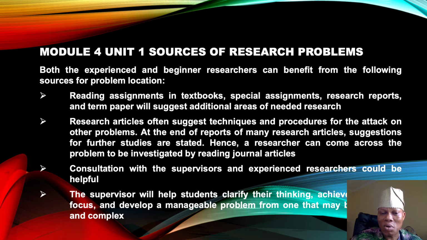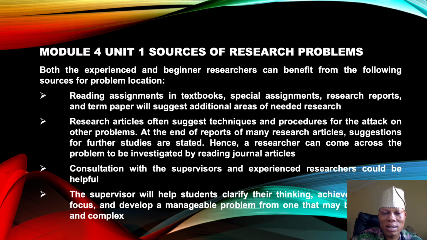So if you go to your library, you pick projects written in your subject area and read widely. You get enough topics from them. The second one is that research articles often suggest techniques and procedures for the attack on other problems. At the end of reports of many research articles, suggestions for further study are stated. Hence, a researcher can come across the problem to be investigated by reading journal articles. You know, we have what's called journal articles.